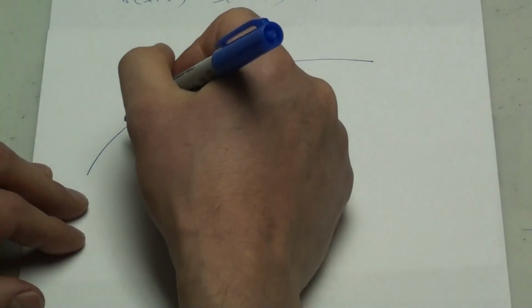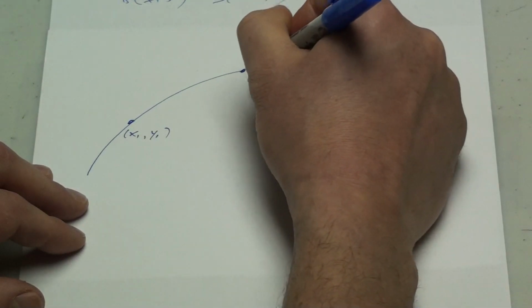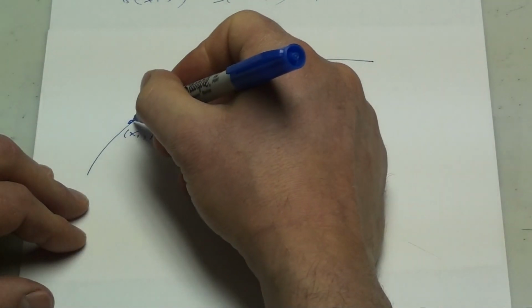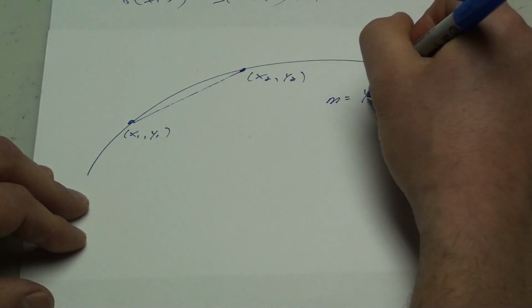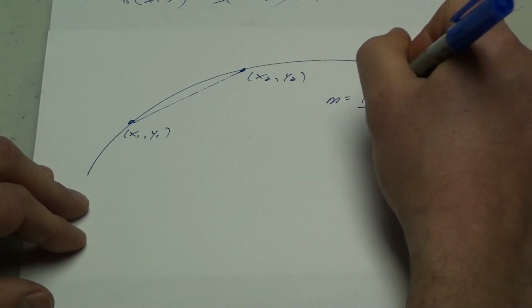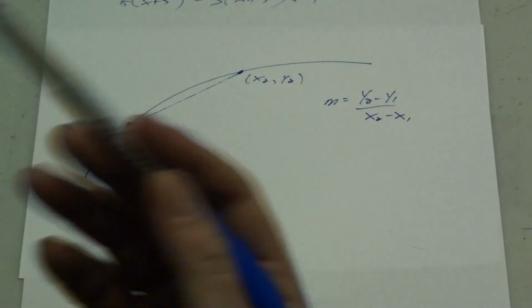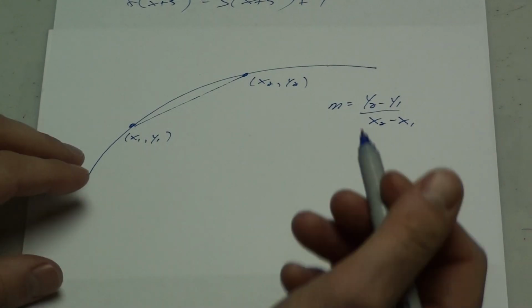We're going to call this one x1, y1, and x2, y2, because I'm going to want to find the slope between those two, which is m equals y2 minus y1 divided by x2 minus x1. Now that is a secant right now. Again, I want to find the equation of a tangent, which is an instantaneous point.